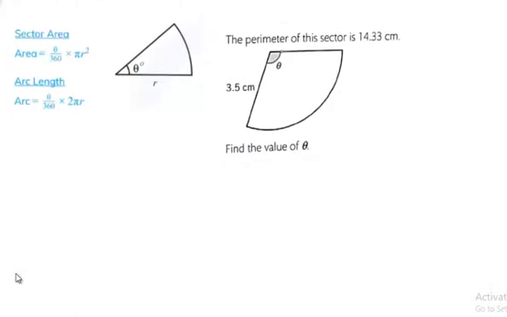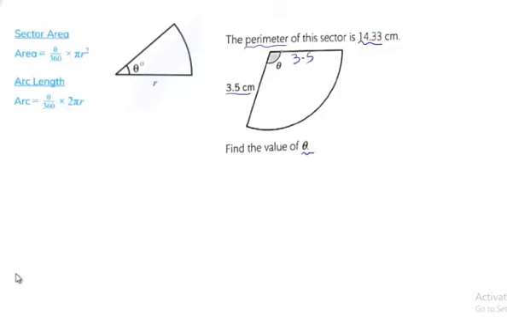In this question, we have the perimeter of this sector, which is 14.33. We have the radius, which is 3.5, so this radius is also 3.5. We need to find the value of theta.